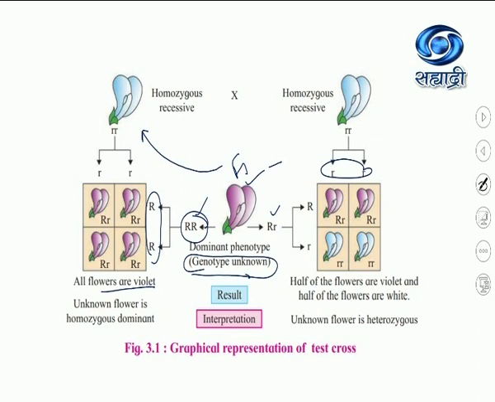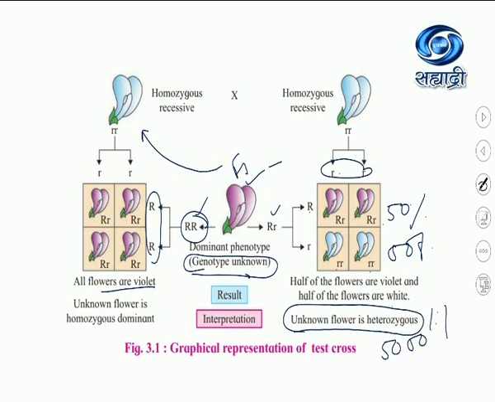But if the flowers produced are 50% violet, capital R with small r giving violet, and 50% white, small r small r, so half of the flowers are violet and half are white. Such a condition in the unknown flower, what do we conclude? It is a heterozygous condition.